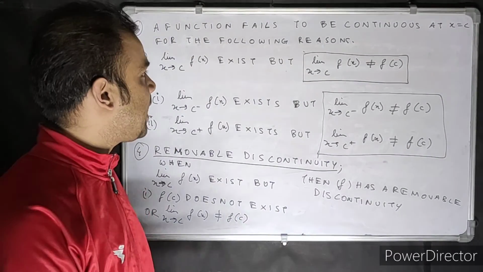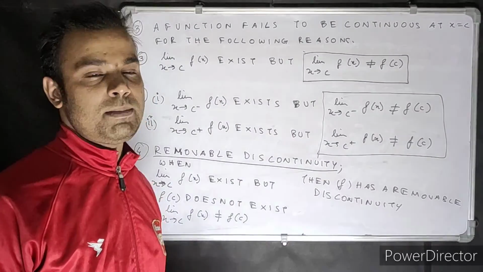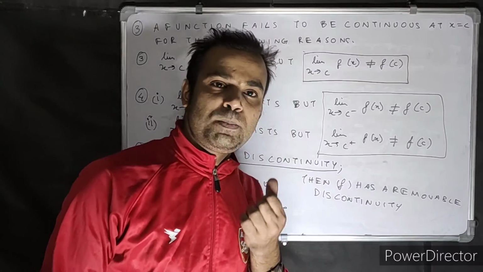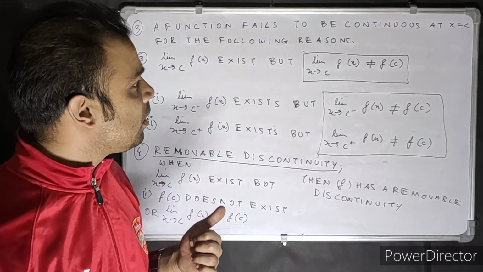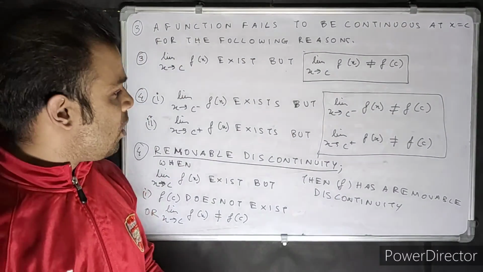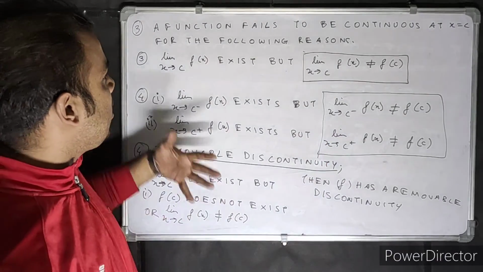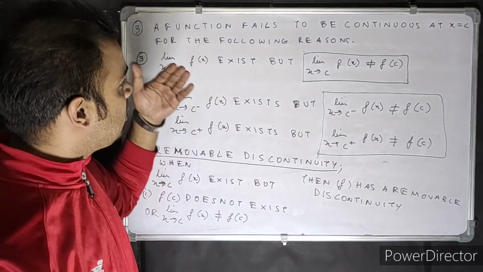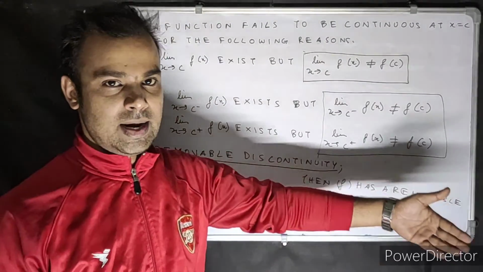Go through it, understand it. I cannot go through it once again because I have rubbed them off. Sorry about that. So I want you students to go through this continuity and understand when a function is discontinuous, because continuity is very easy. Only the discontinuity part you have to understand.